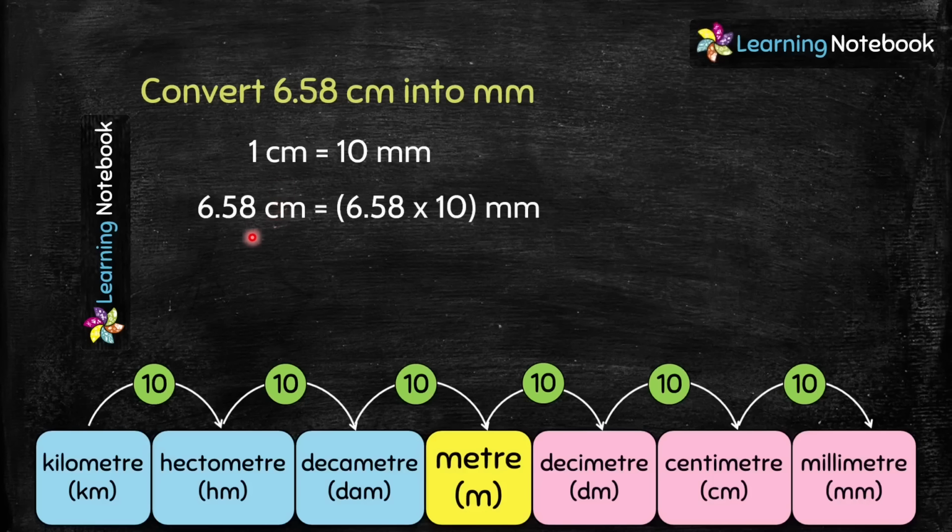Therefore, 6.58 centimeter would be equal to 6.58 multiplied by 10, which is equal to 65.8 millimeter. So students, see how easy it is to convert centimeter into millimeter using this diagram. So do remember this diagram.